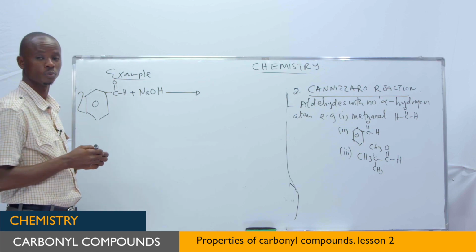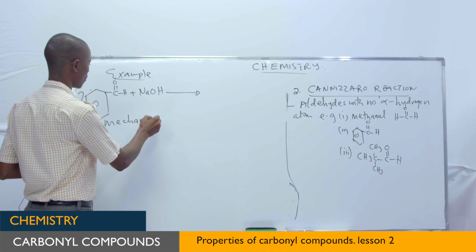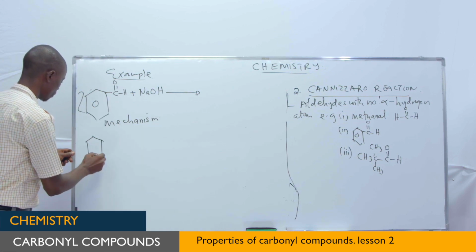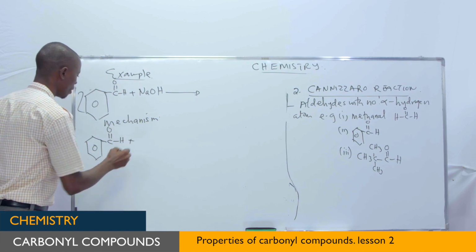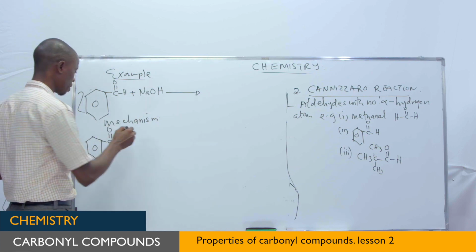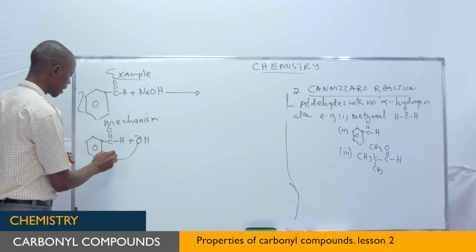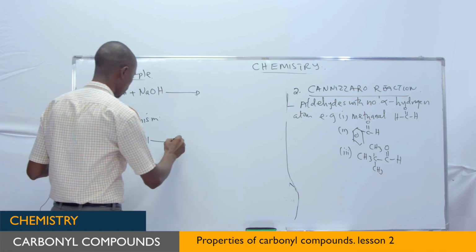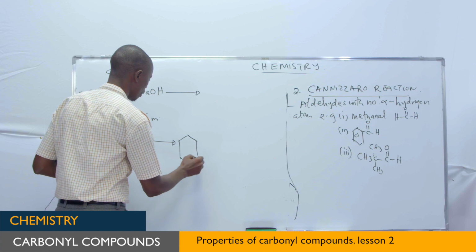Here we make it 2. Now let's see the mechanism. The first step: this reaction is initiated by the hydroxide group from sodium hydroxide. Now this one will attack this carbon atom, making the electron move to the oxygen atom in that way. The product here will be this compound.